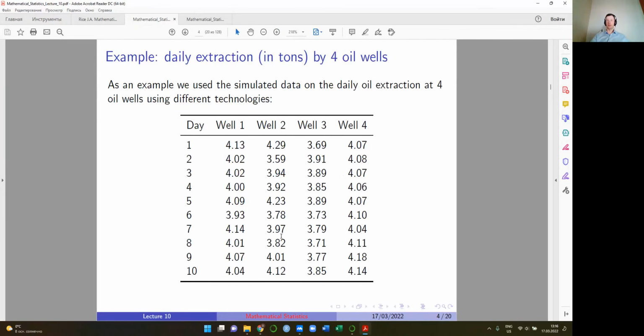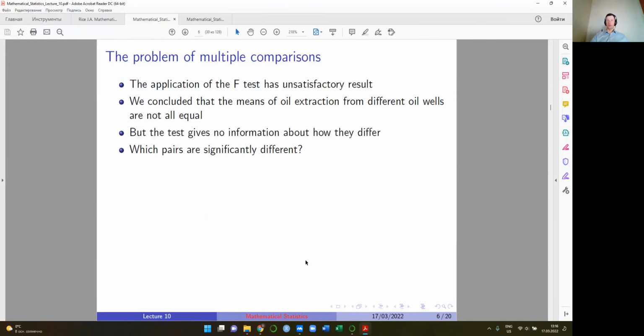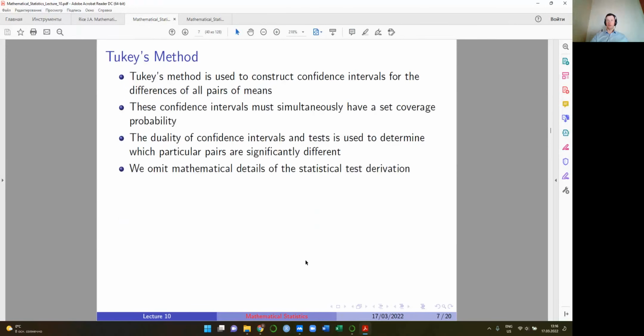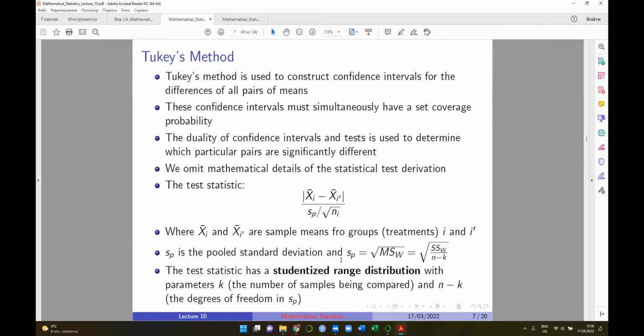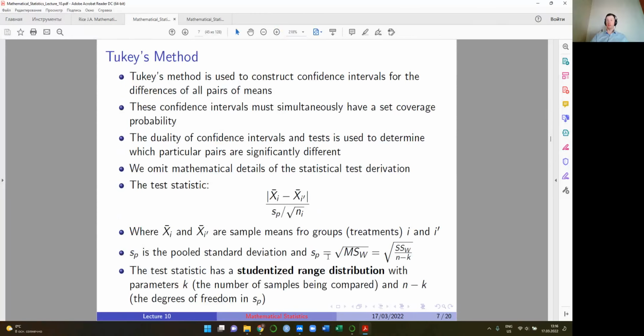So we want the same number of observations for each sample, because the pooled variance is calculated based on this approach.